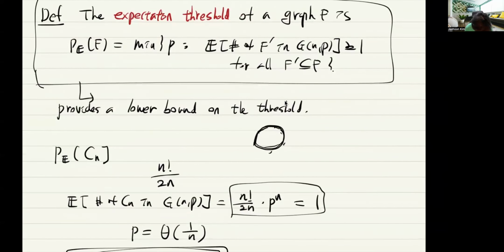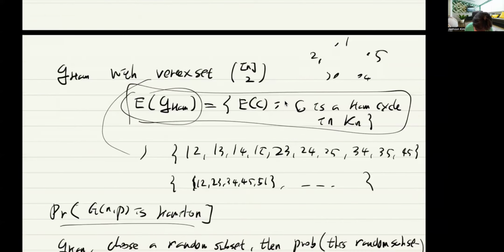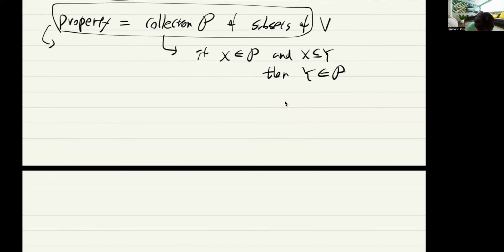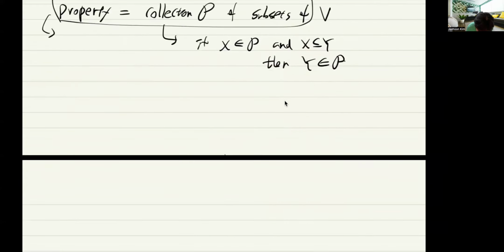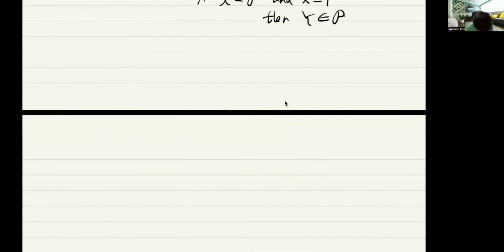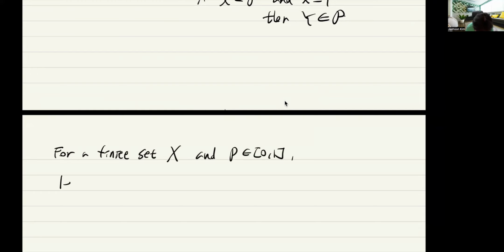And with this setup, now we consider it in a more general way. We forget about the random graph and consider a finite set X, which is the ground set, the universal set. And then let p be a number between 0 and 1.